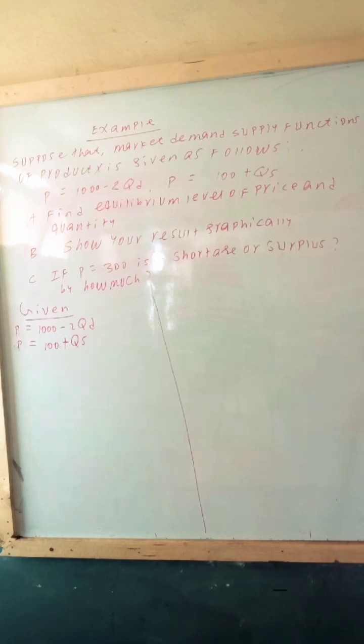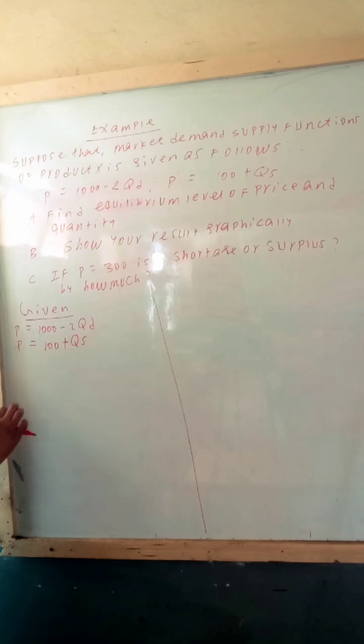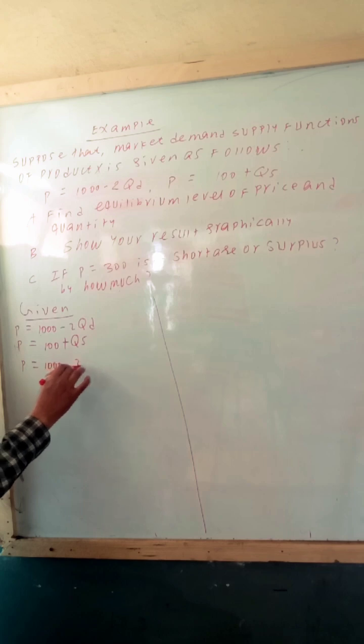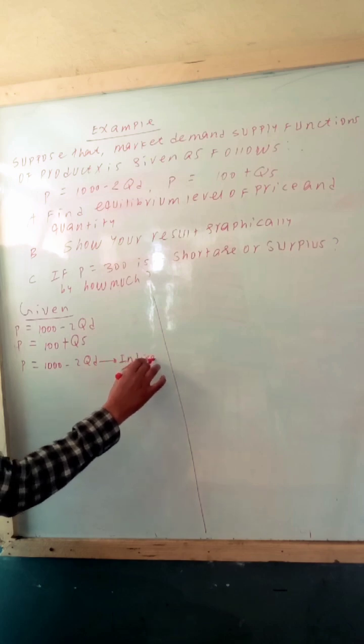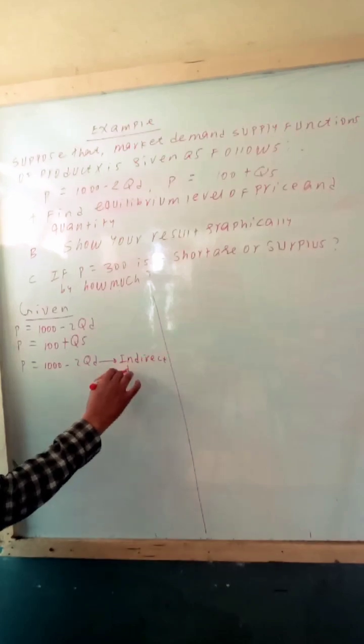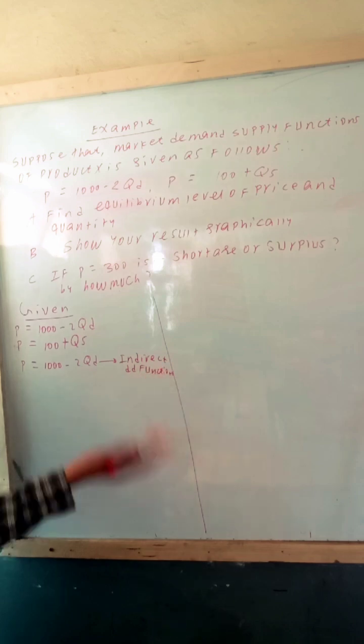In order to calculate the equilibrium level of price and the equilibrium level of quantity, we must convert them into the direct demand function and direct supply function. P is equal to 1000 minus 2QD is the indirect demand function.